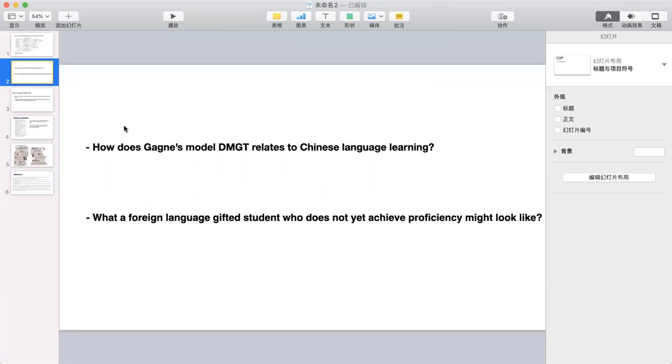So, in order to be bilingual or multilingual, one would need some intellectual giftedness in the field of verbal ability and memory. This is because verbal ability includes phonetic coding, which corresponds to input processing. It also requires one's language analytic ability that includes grammatical sensitivity.